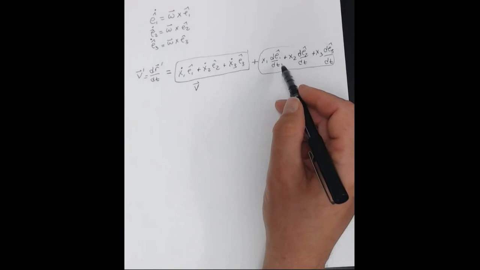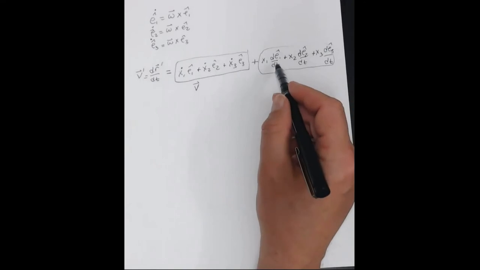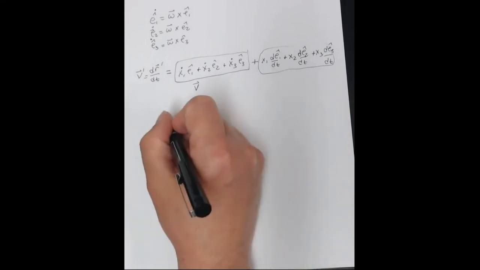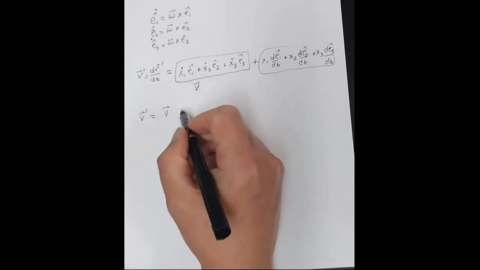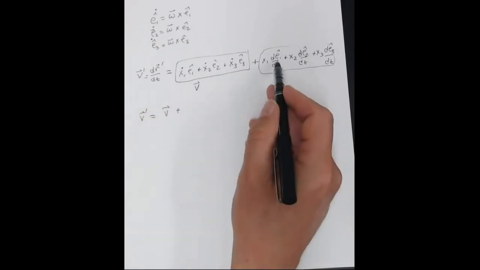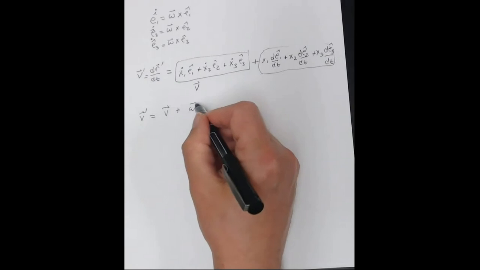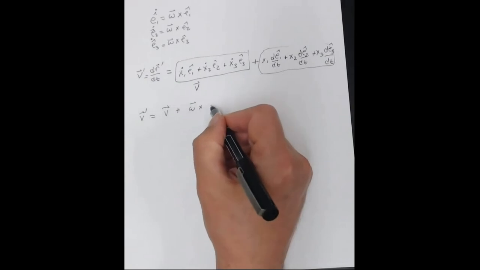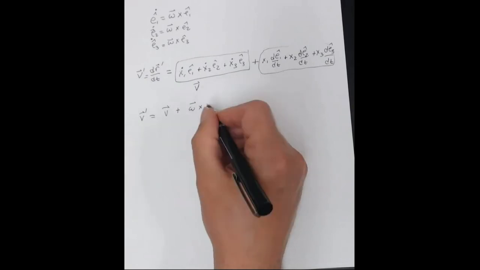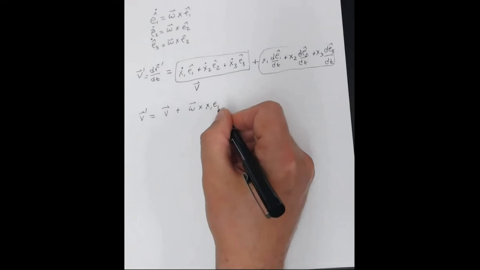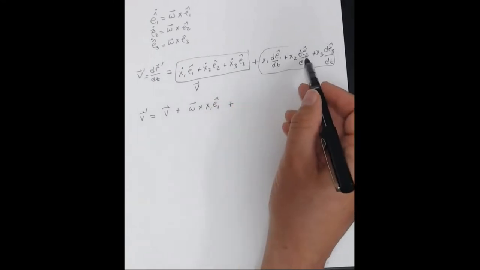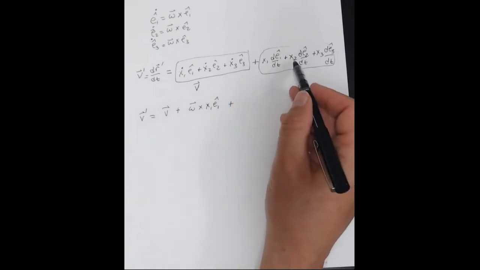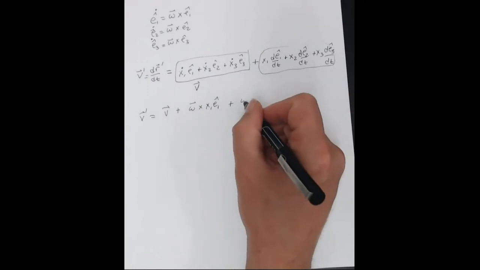So how we can write that is, since V prime is this, plus, remember that is omega crossed into E1, but then I have this x1 here too, so I'm going to put that there. Plus, this is omega crossed into E2, but then I have multiplied by x2, so I could write that as this.